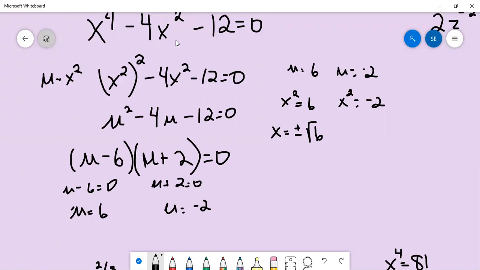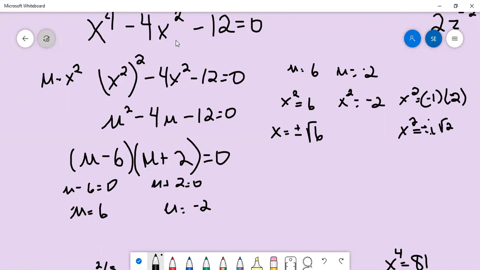So we can write this as x squared is equal to negative 1 times 2. So x is equal to the square root of negative 1 times 2. Well, the square root of negative 1 is i, and then we have the square root of 2. This is plus or minus.